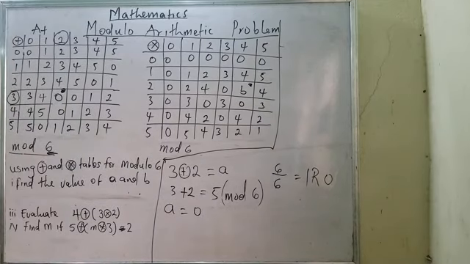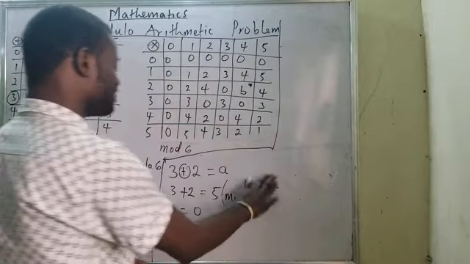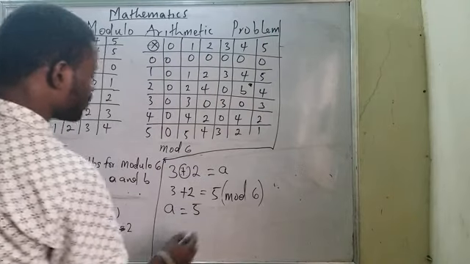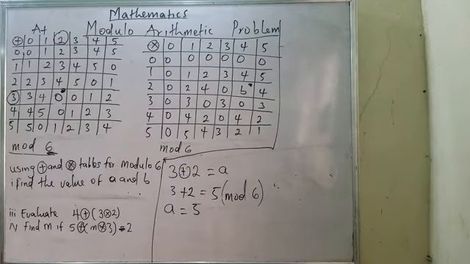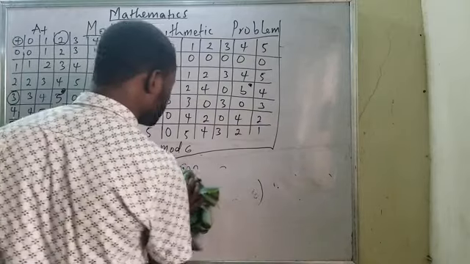My mind is on another thing, I'm so sorry. It means my A is 5. 5 is not up to 6, so I'm free to write that my A is 5. Sorry for that. Since I know that my A is 5 mod 6, I've gotten my A. That is not a problem, and I move on to the next one.